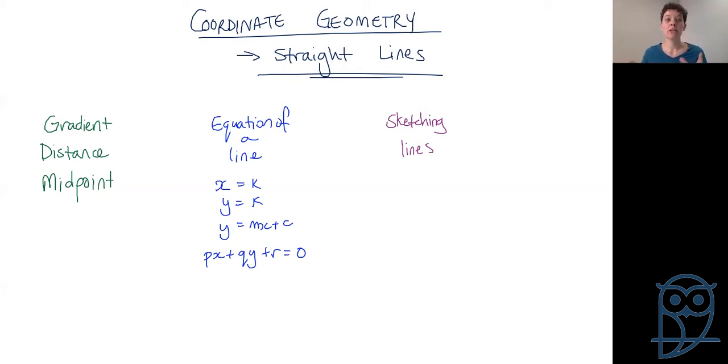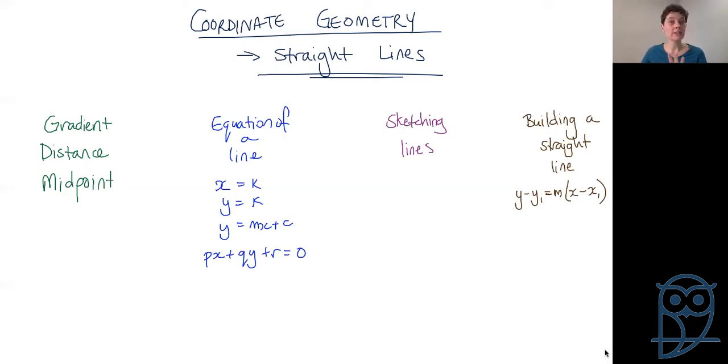And the last element for straight line coordinate geometry is, of course, building a straight line, and your very, very good friend, y minus y1 equals m, x minus x1. Our efficient way to get from information to an equation of a straight line. So we're going to work through each of these, just having a look at what's in the toolbox for each of these sections of straight line coordinate geometry.